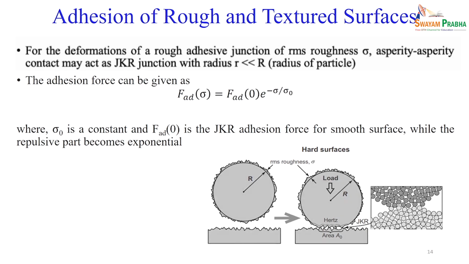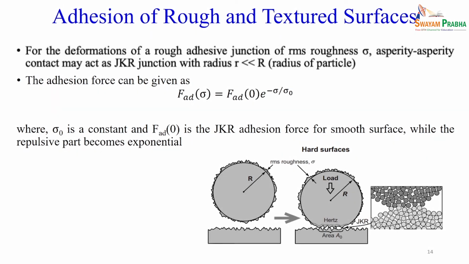For the deformation of a rough adhesion junction of RMS roughness sigma, asperity contact may act as a JKR junction with a radius much smaller than the macroscopic particle radius R.